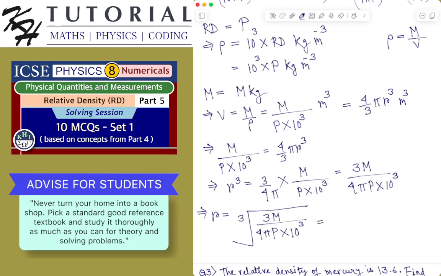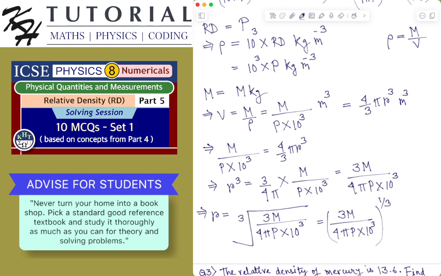This is in the radical form. If I want to express the radical form in the exponential form, cube root means a power of 1 by 3. So this will be 3m divided by 4 pi p multiplied by 10 to the power 3, this whole raised to the power 1 by 3.